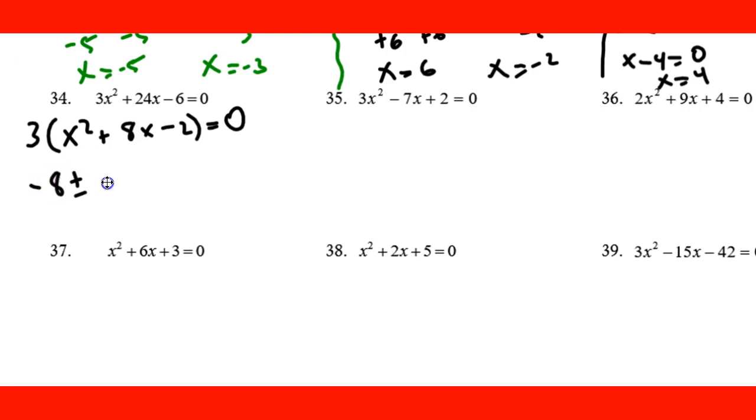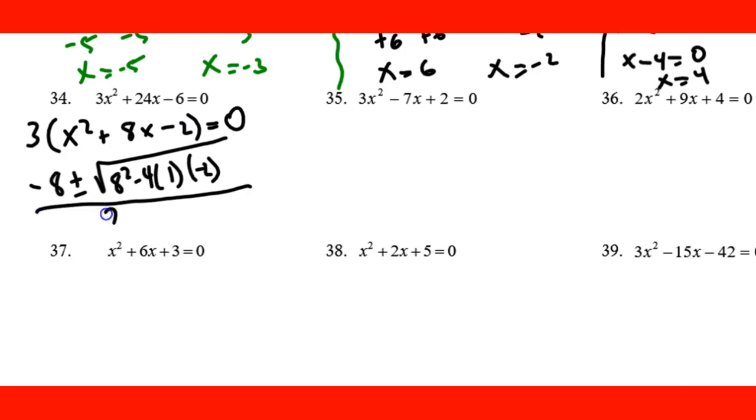Negative b plus or minus the square root of b squared minus 4 times a, which is 1, times c, negative 2, all over 2 times a, which is 1. When we do that, we get 64 plus 8.